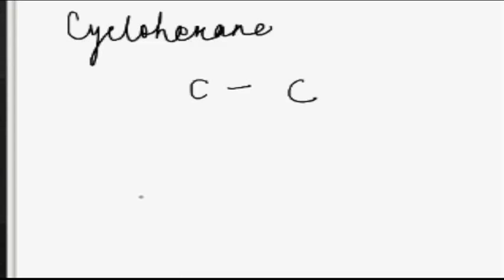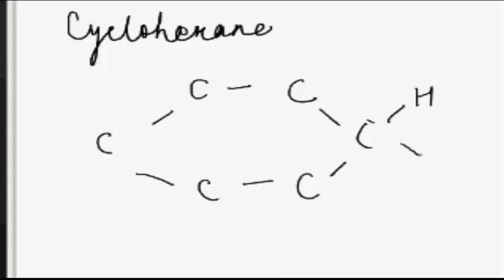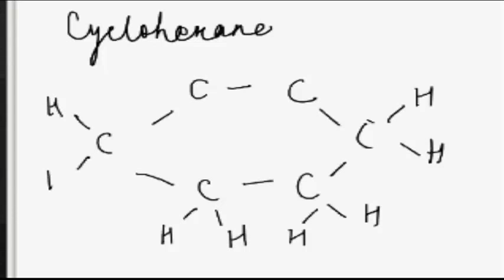There will be 6 carbon atoms and 2 hydrogen atoms on each carbon atom. This is cyclohexane.